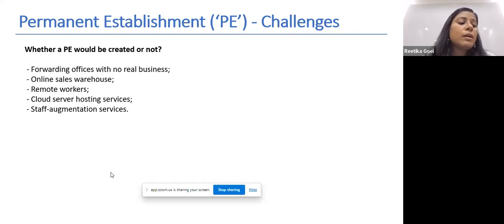Then the presence or location of those resources will be treated as a permanent establishment for that foreign entity, even if that place of work, whether their home, a hotel, or any other location within their hometown, is not at the disposal of the foreign entity. The foreign entity may not have control over the space, but for the individual they hired in a different country, the functions that resource performs and how critical those activities are for the business of that foreign entity will be evaluated to determine whether it constitutes a PE or not.